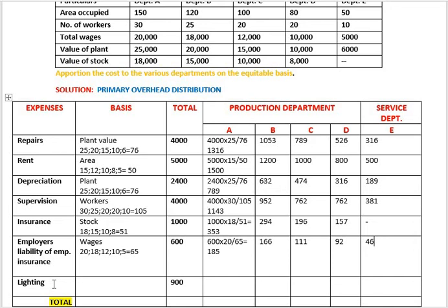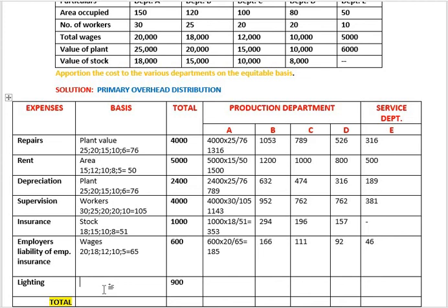And the next one, the last expense, we have lighting. See the basis of apportionment here. First one, we have area occupied. So can we distribute lighting using area occupied? Yes, we can. Usually lighting is apportioned on the basis of light points. So if light points are not given in the problem, we can use area occupied to distribute the expenses of lighting.